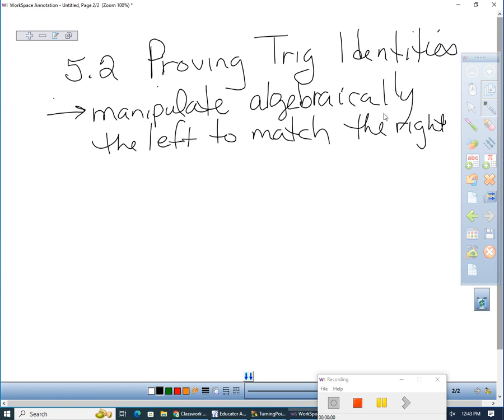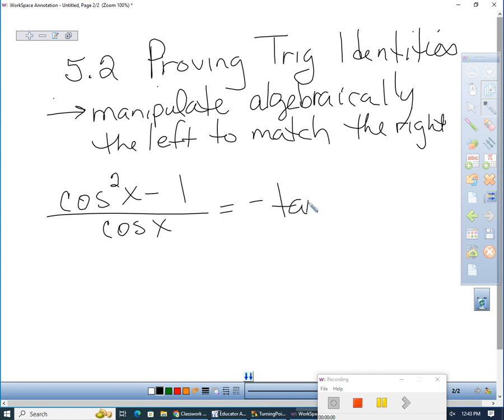Let's say we have something like cosine squared x minus 1 over cosine x. And I want to get it to match negative tangent x sine x.